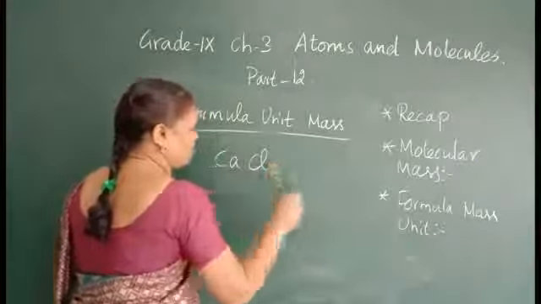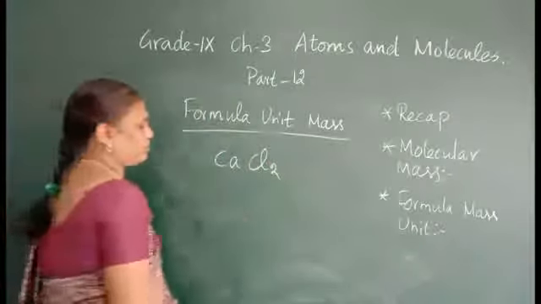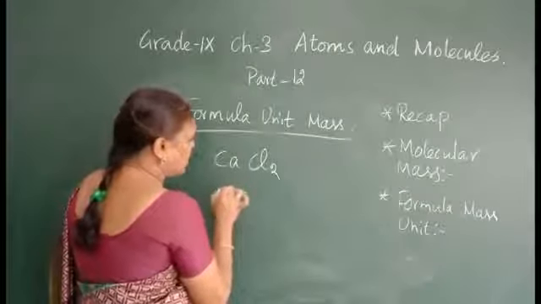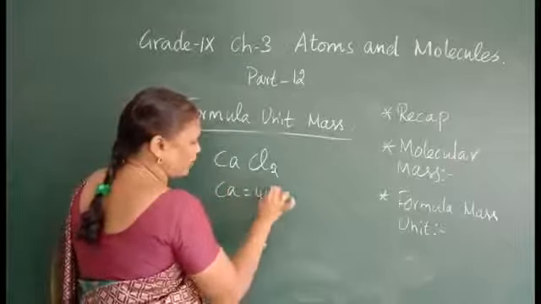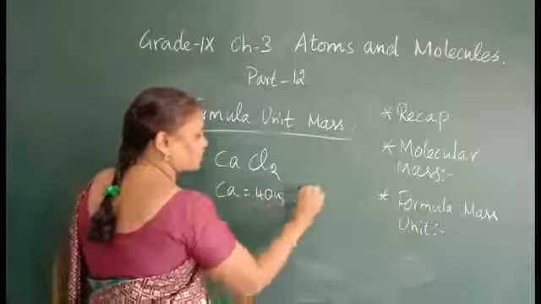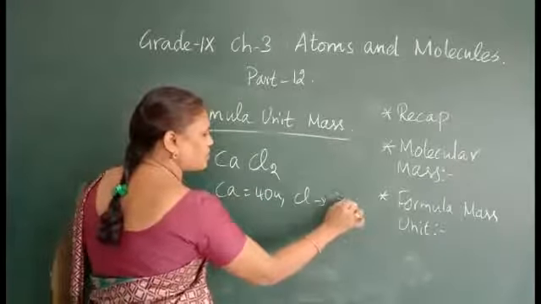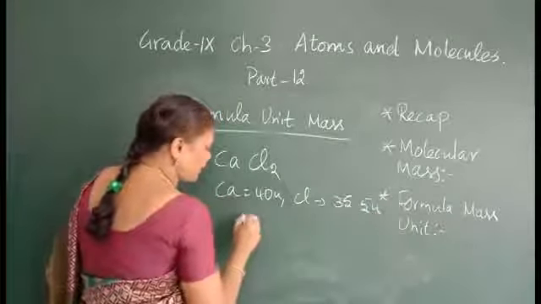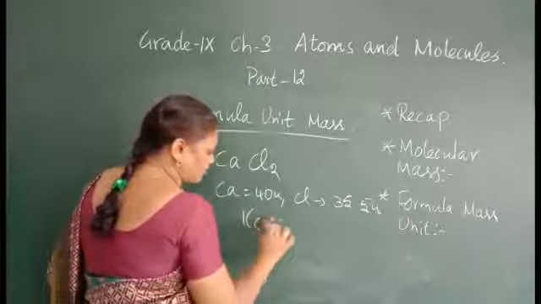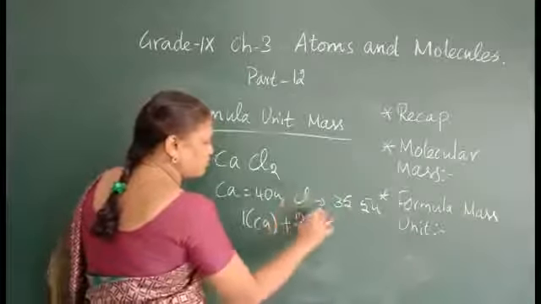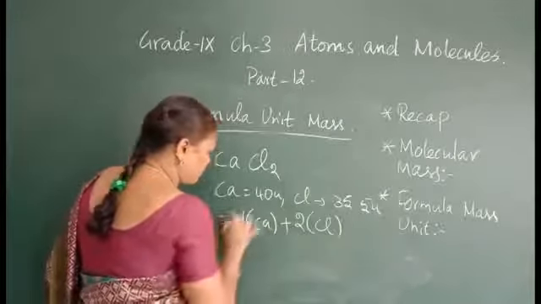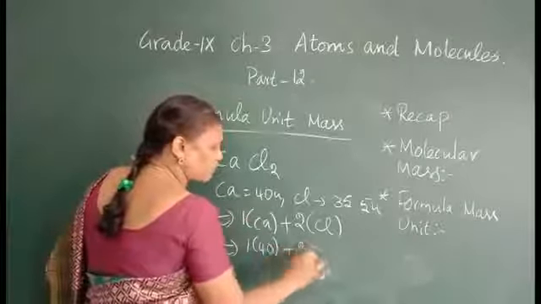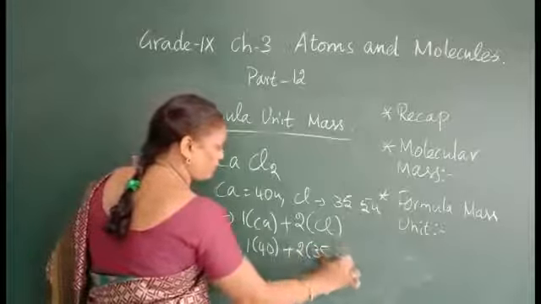Calcium chloride. What is that? Here, the atomic mass of calcium is 40 U. And chlorine, just now we have seen, is 35.5 U. And substitute it. How many calcium? Only one calcium. And how many chlorine? 2 chlorine are there. Just substitute it. 1 into 40 plus 2 into 35.5.